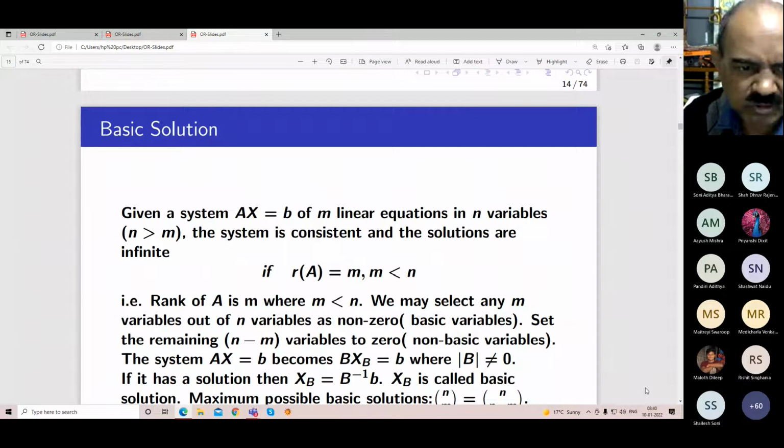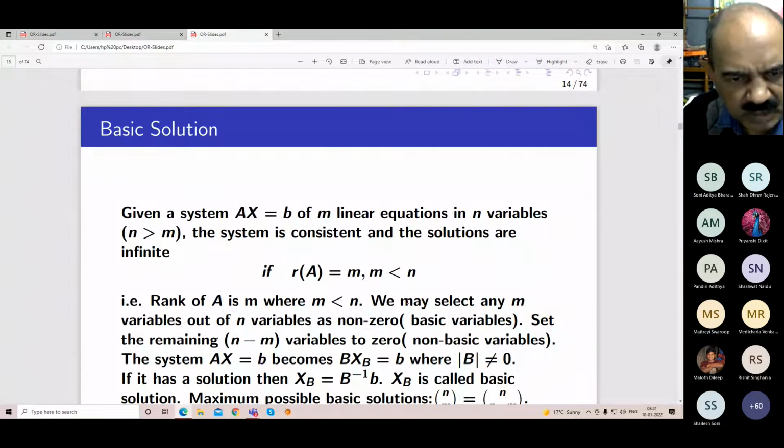As you know, whenever we are finding the solution, we check whether the system is consistent or inconsistent. Under what condition is the system consistent? The system is consistent when the rank of the coefficient matrix equals the rank of the augmented matrix.